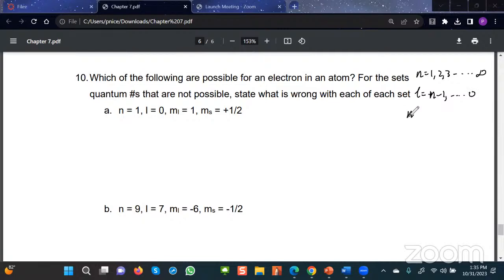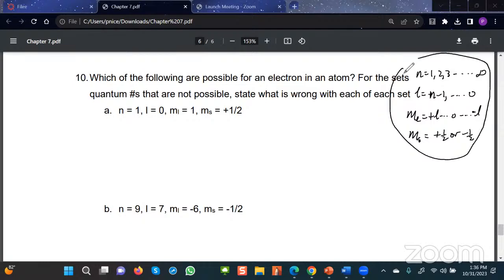The values of ML can go from plus L through 0 and all integers to minus L, right? And then MS can only have one of 2 values, plus half or minus half, all right? So those are basically the rules that we need to abide by in order to answer these questions.